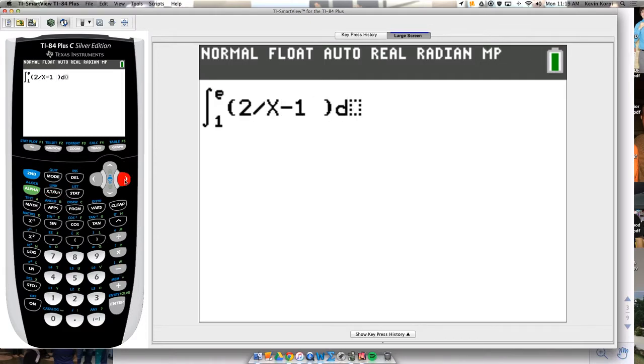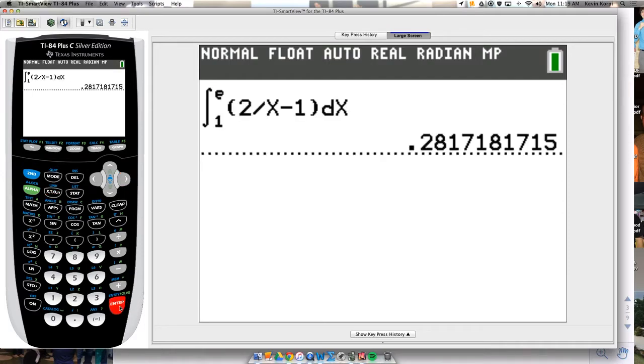The calculator will read that the right way, and then you hit enter, and you get that. Now let's see if that's equal to the natural log of 16 divided by e. I'll type in a funky version of what we got. Minus 4 plus e.